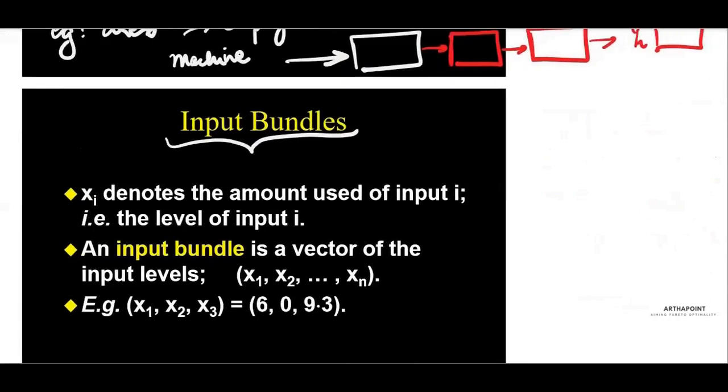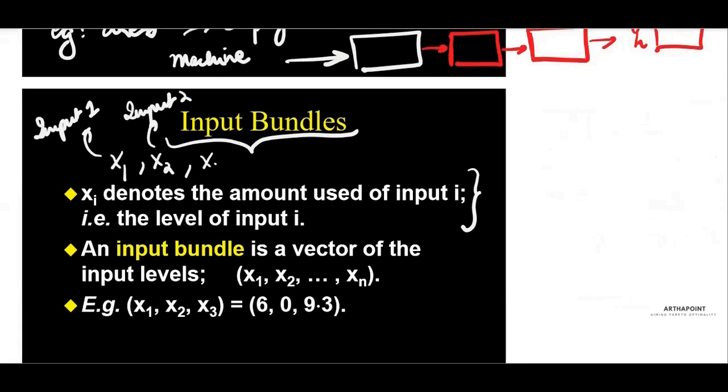An input bundle tells us how many units of each input I am using. So I can use X1 units of input 1, X2 units of input 2, X3 units of input 3, till Xn. So this becomes my input bundle.